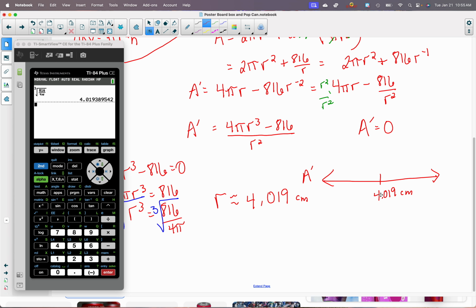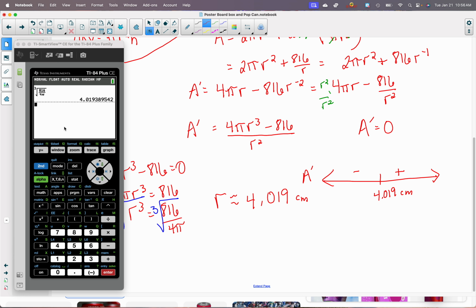I'm going to take something smaller than that and plug it into my derivative. I can't plug in a 0, I have to plug in something for r. So you can show this. I'm just going to tell you that you will get a negative if you plug in something less than 4.019, and you get a positive if you plug in something larger than that.